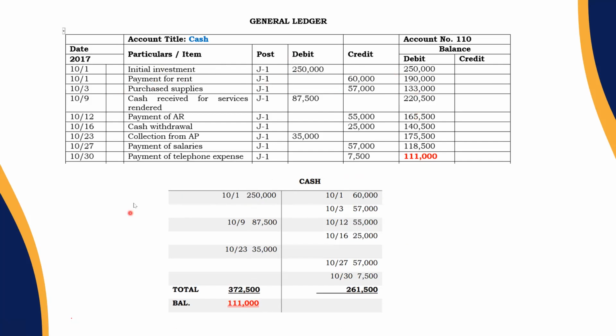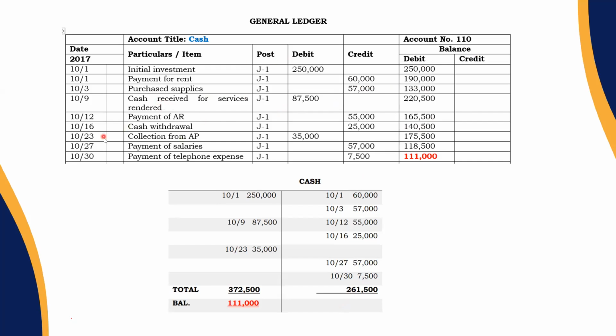Pwede na ganito lang siya, itong sa baba, na straight lang. Ilista mo lang lahat ng debits, i-total mo, and then ilista mo din lahat ng credits, i-total mo. Ito yung gagawin natin para easier, itong nasa baba. Though okay lang naman ito, very formal lang ito na way how to present your ledger.